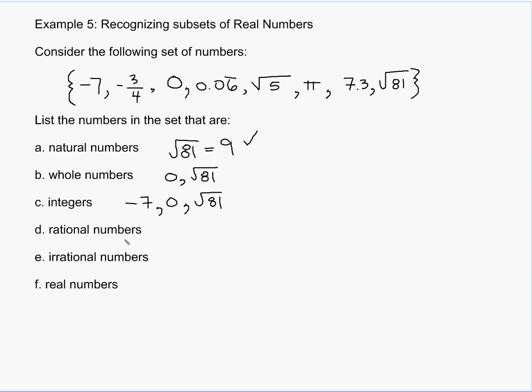Moving on to rationals. Our rational numbers include our fractions and our decimals, as long as our decimals are repeating or terminating.